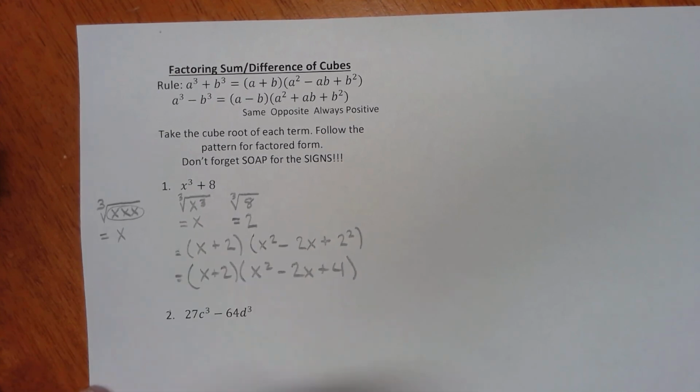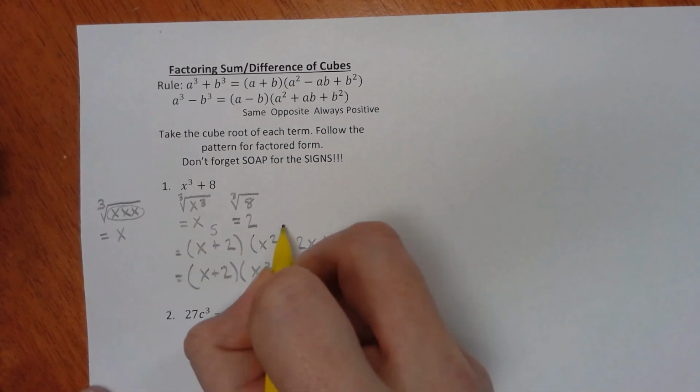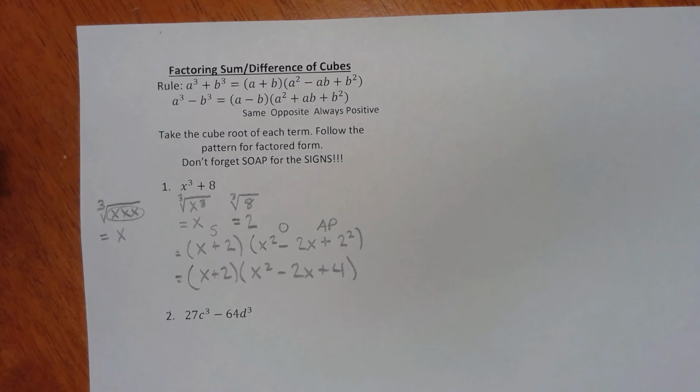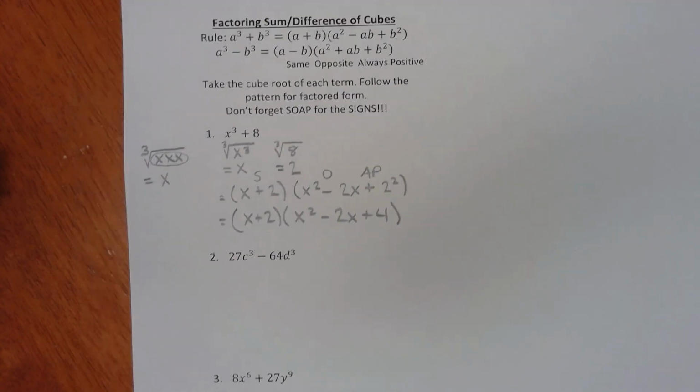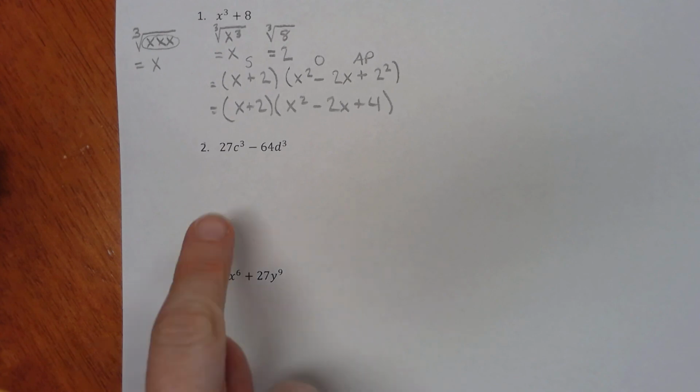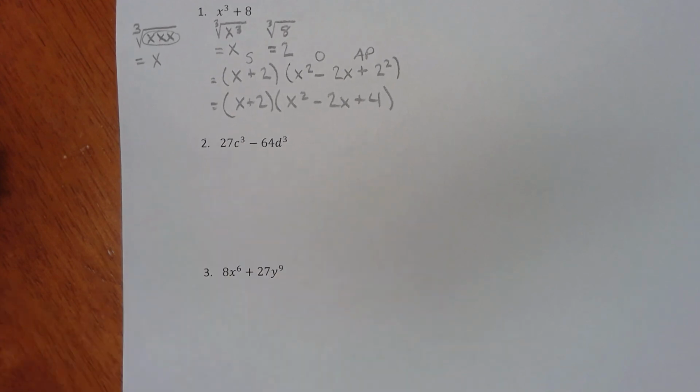And we used SOAP, same, opposite, and always positive to help us remember our signs. Let's take a look at example 2. This one we should recognize 27c to the third and 64d to the third as both perfect cubes. So this one we will follow the difference of perfect cubes to factor.